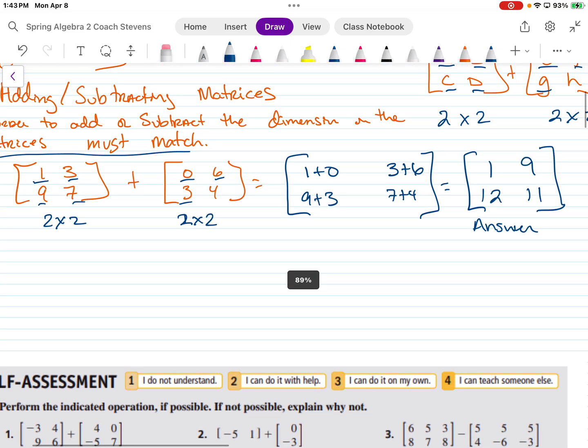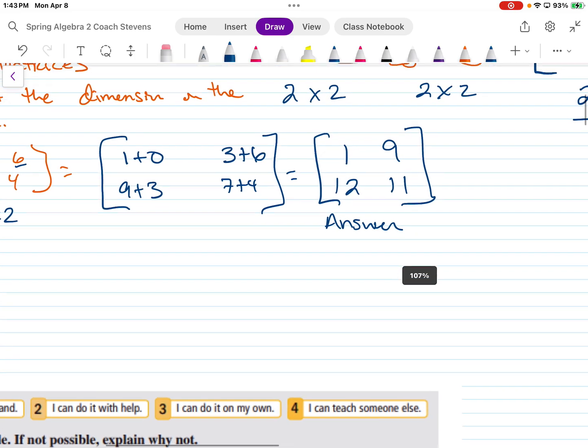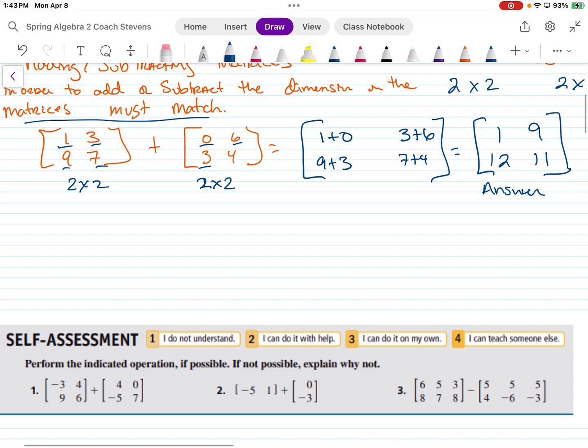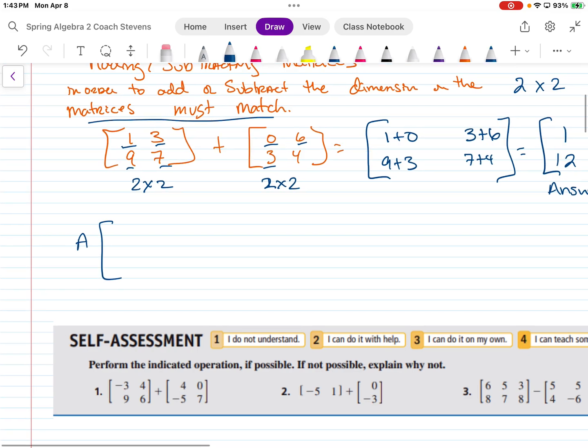Now, for labeling purposes, just in case they ask you any problems like this, I'm going to write a generic matrix here. If this is matrix A, we would say the top left corner would be A1,1.